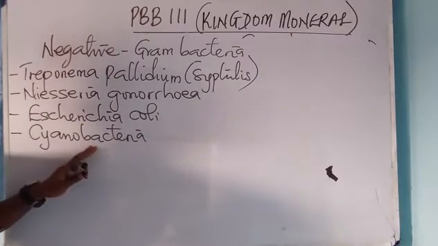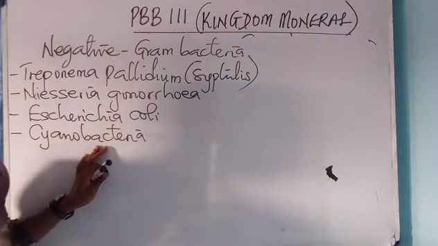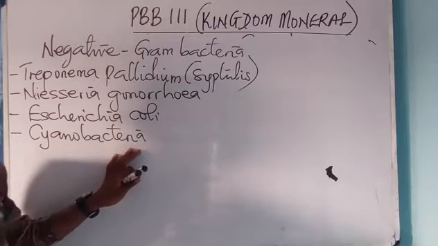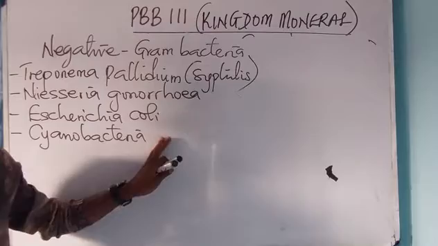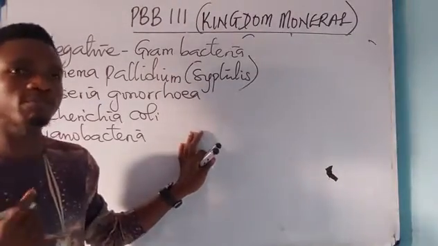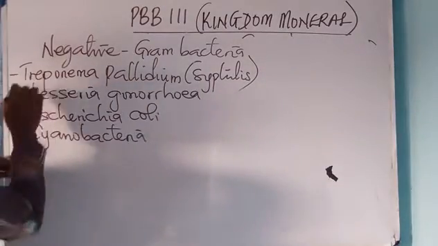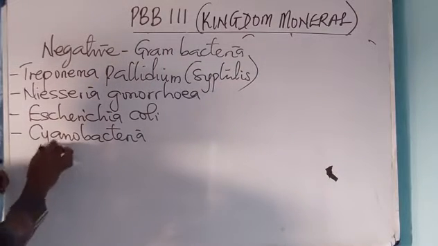The cyanobacteria is photosynthetic. I think I said something about it before. It has a blue pigment called phycocyanin, and it has a red pigment called phycoerythrin. Now these are examples of gram negative bacteria.